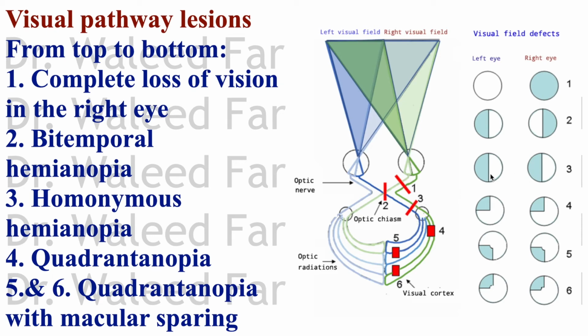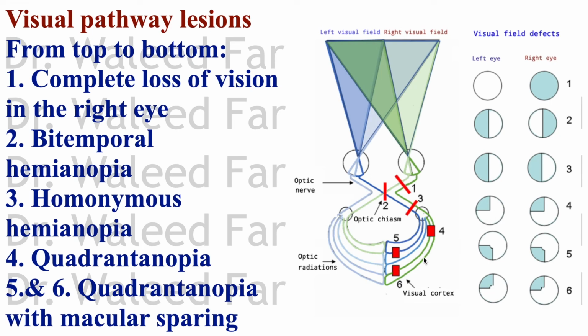This is homonymous hemianopia. In this case, in the right eye, the left field, and in the left eye, the left field as well. In lesion number 4, after dividing into upper and lower portions, the optic radiation, because this is the lower portion, so it's the upper field, it will produce upper quadrantanopia.